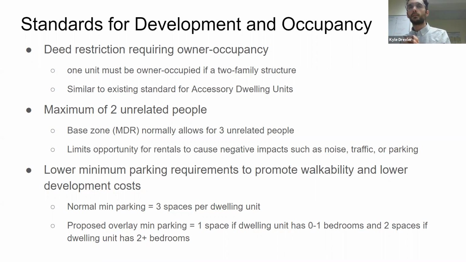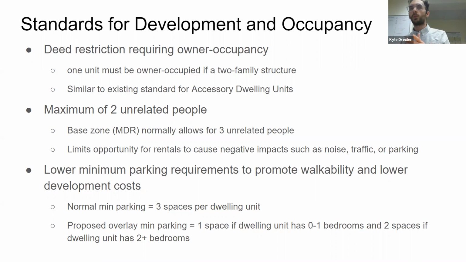In the base medium density residential zone, you're allowed to have 3 unrelated people in any dwelling unit. So if you're all related and a family, that counts as one person. But if you're just 2 friends who have no relation other than being friends, then you would count as 2 people.